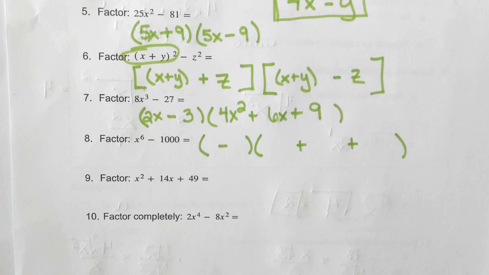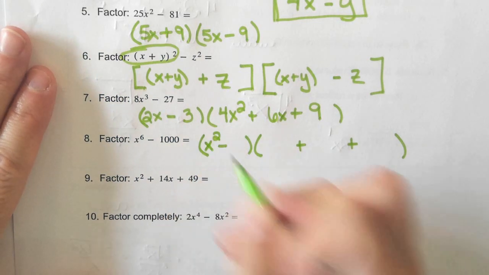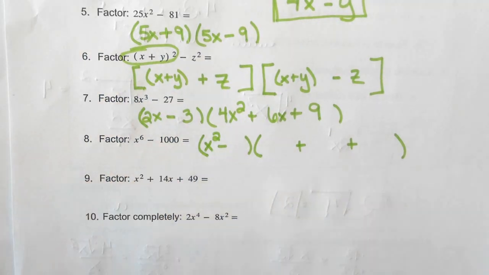Alright, so the first thing we need to think about is what is the cubed root of x to the 6th? Remember what this is. What am I going to get? X squared. What's the cubed root of 1,000? 10.